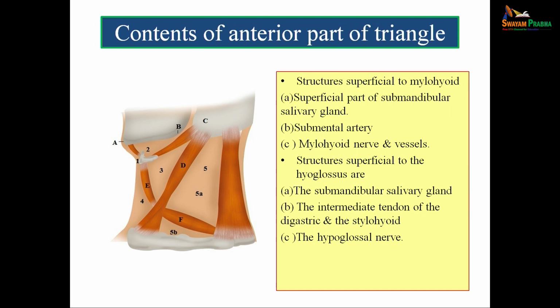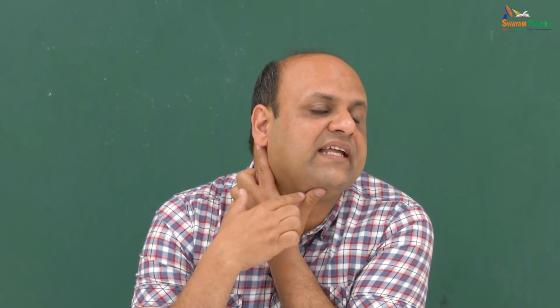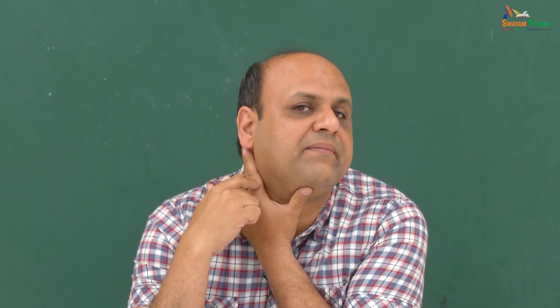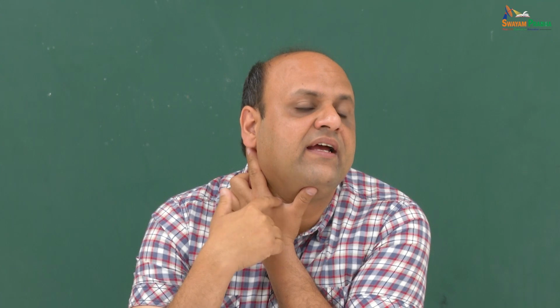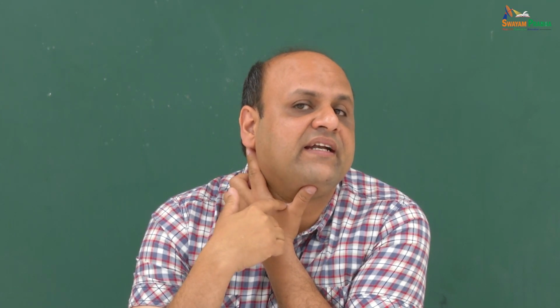The structures lying superficial to the hyoglossus are the submandibular salivary gland, the intermediate tendon of the digastric. So, intermediate tendon of the digastric is that part which is lying between the anterior and posterior bellies. Now, this is the anterior belly of digastric, this is the posterior belly of digastric. So, this junction here in relation to the hyoid, it represents the intermediate tendon of digastric muscle.